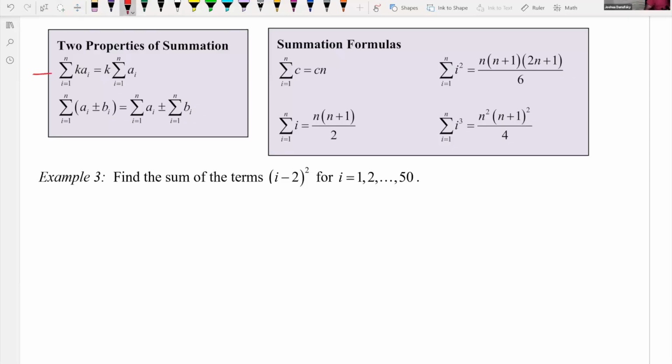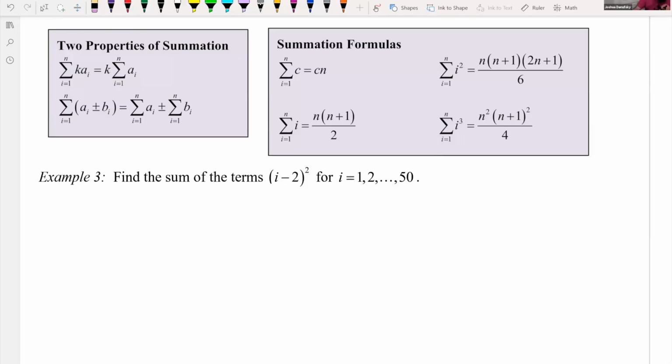The first property, which you're seeing right here, that's where we can factor out a constant that's inside the summation, factor it outside, just like we saw in the previous example with that 1 over n, I believe it was. And then with this next one, we can always write the summation of a sum or a difference by splitting the summations up into two summations that are either being added or subtracted. And we'll do that in the next example.